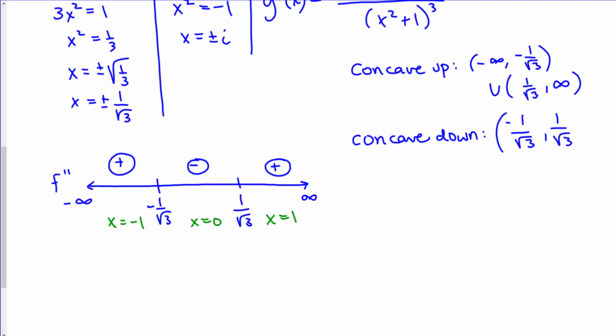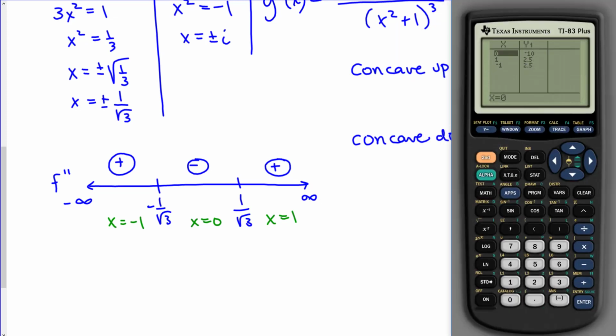And then I have these inflection points. So my inflection points are at, let me just grab the calculator. My function is 5 over x squared plus 1.